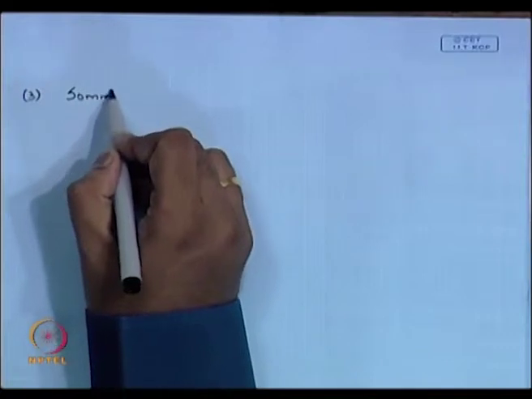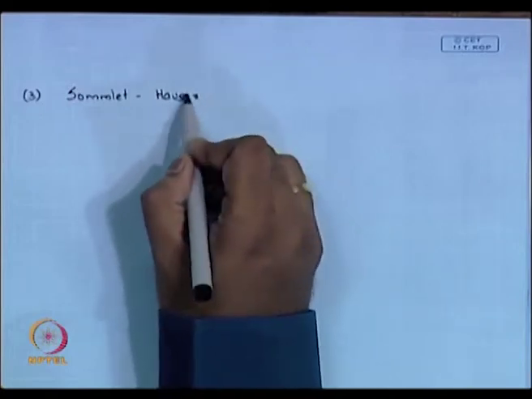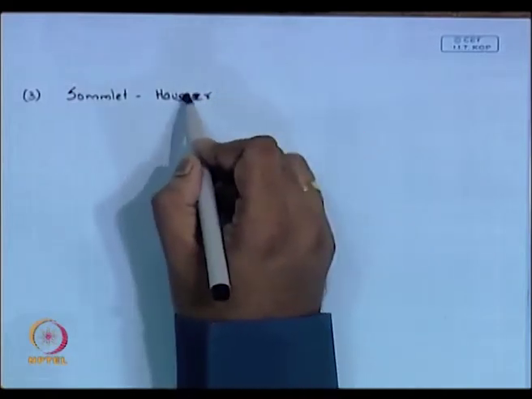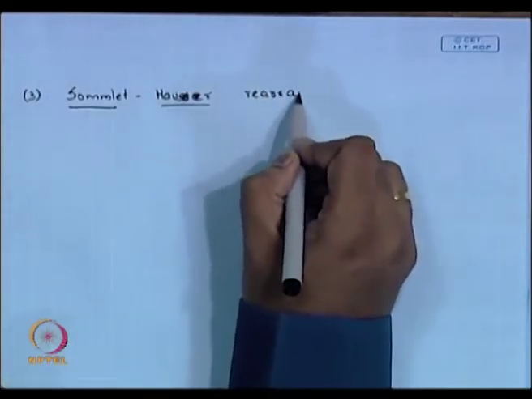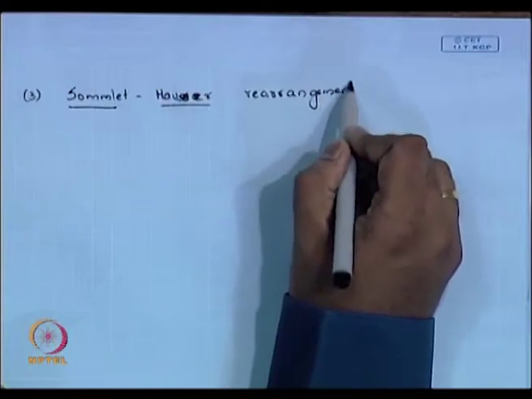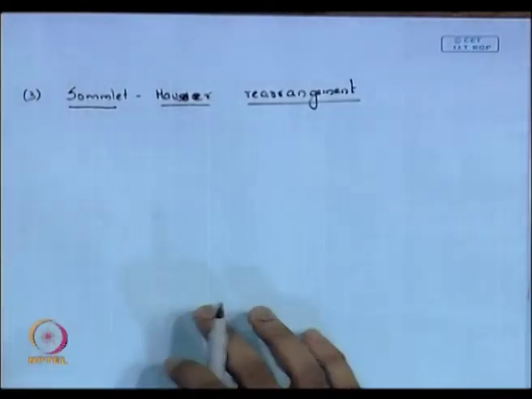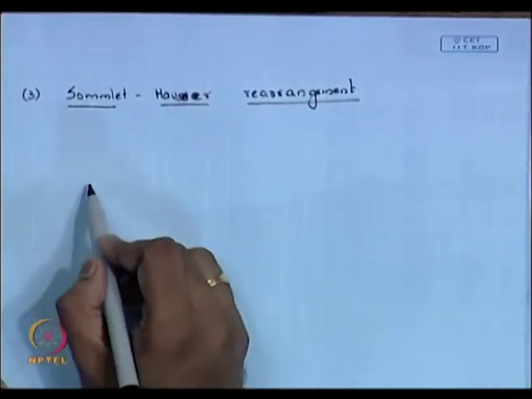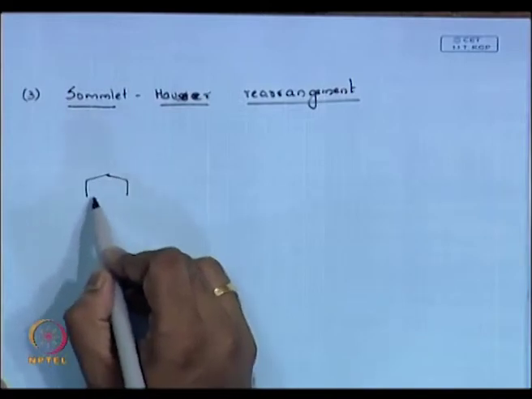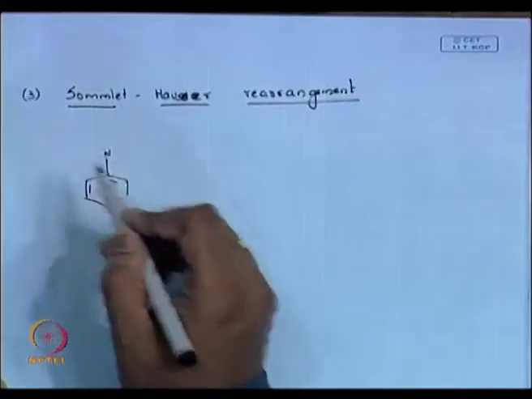Then you can talk about your Sommelet-Hauser. This at least you should remember, right? So, Sommelet-Hauser rearrangement. What is that? Have you studied it? Sommelet-Hauser. Again it is 2, 3.